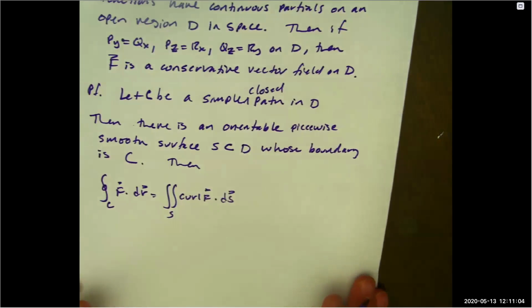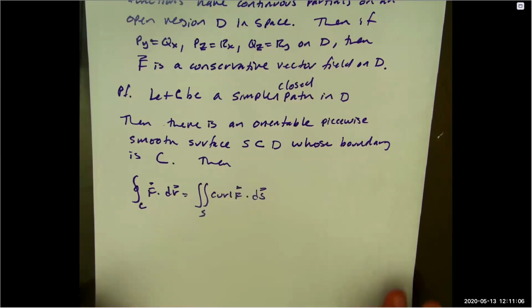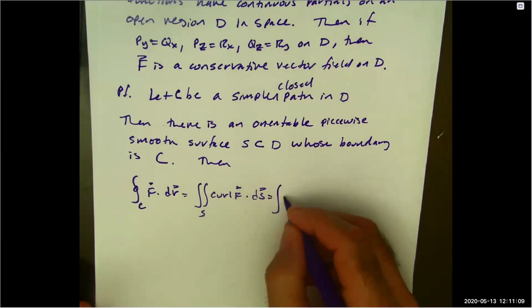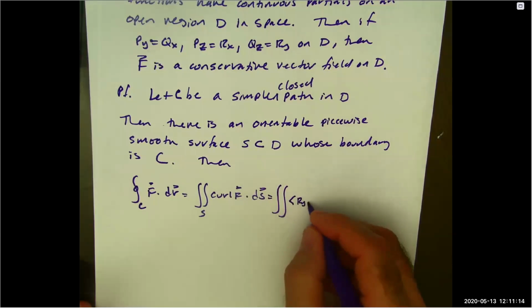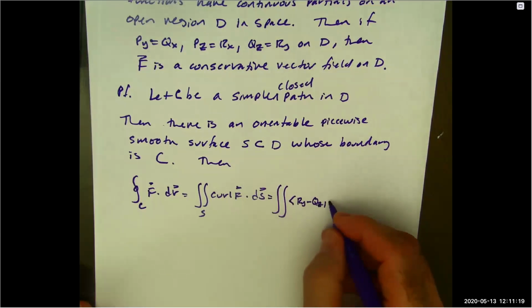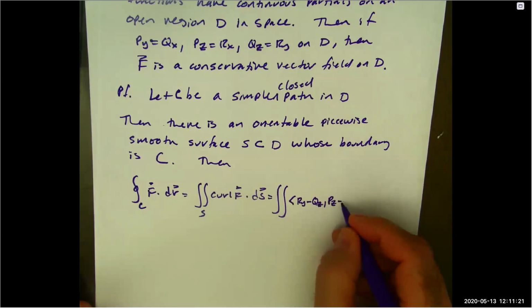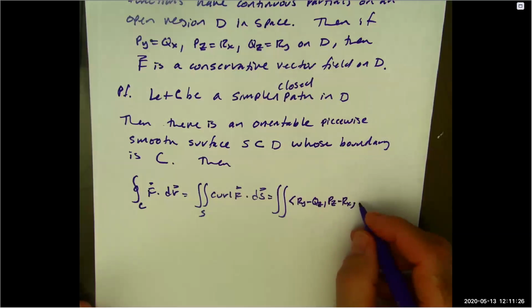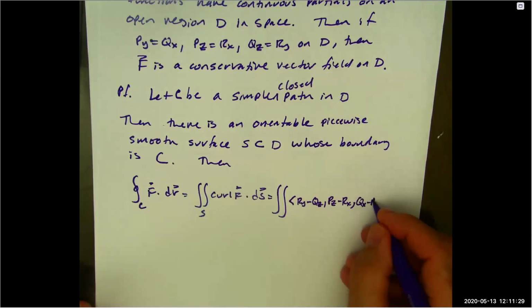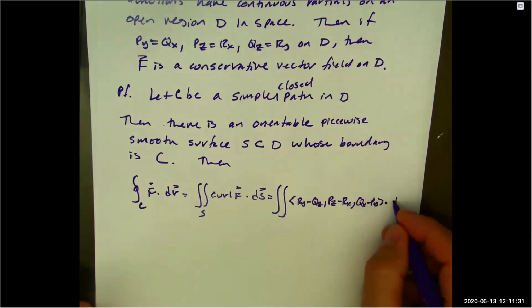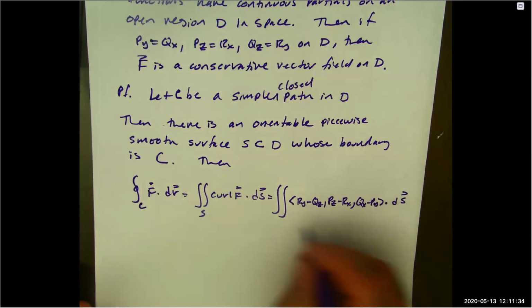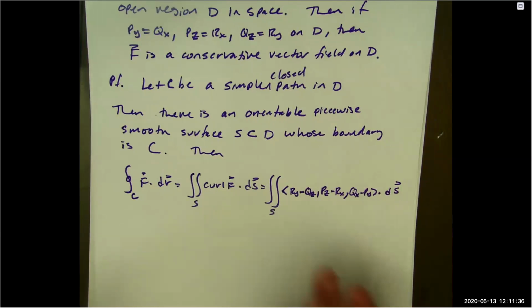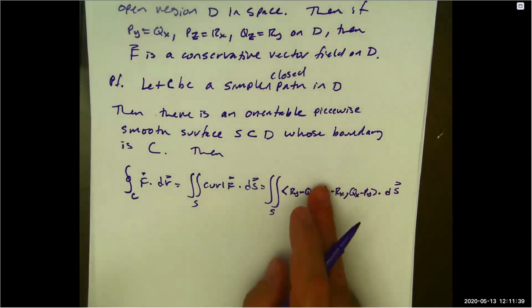But if we look at the curl of f, we're going to have r_y minus q_z, and then p_z minus r_x, and then q_x minus p_y, dot dS over S. And if you don't believe me, you could do your determinant. You'd see that it comes out to be that.